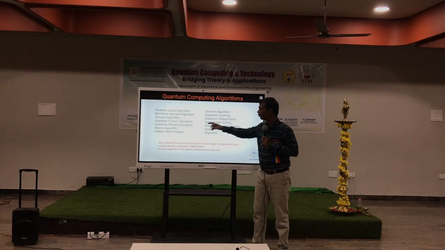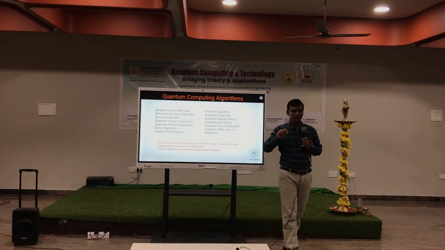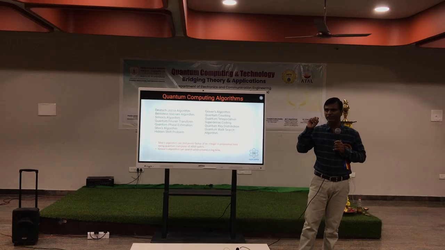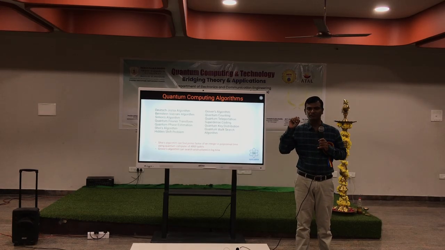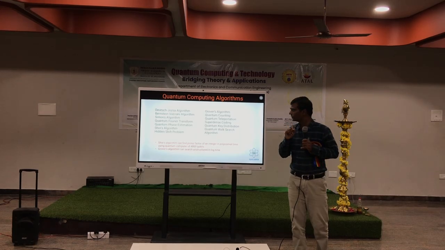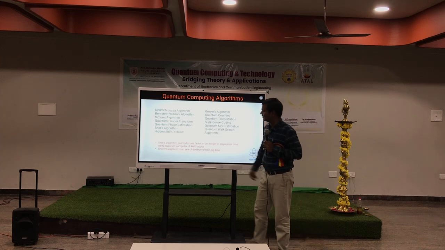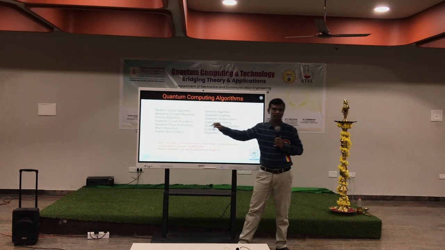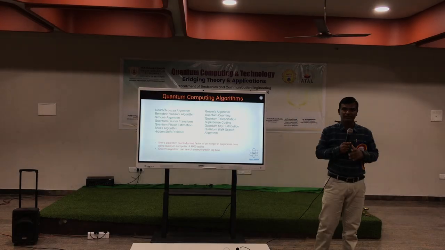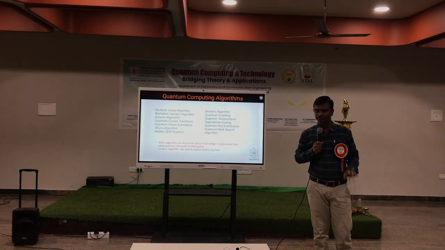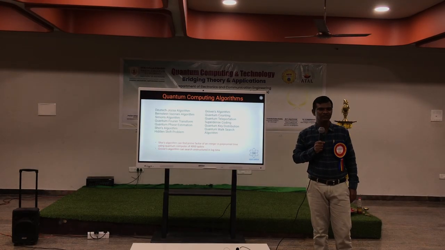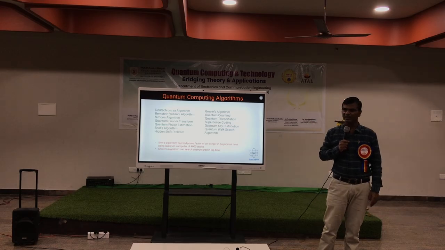And that Fourier transform is used in cryptography. Especially Shor's algorithm is there, which breaks the current RSA algorithm, which is mainly used in banking transactions.